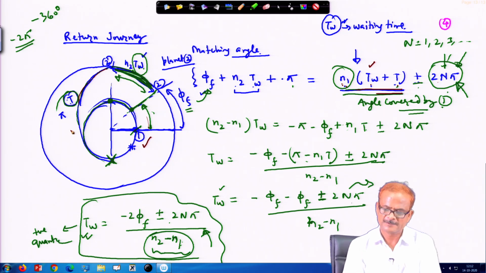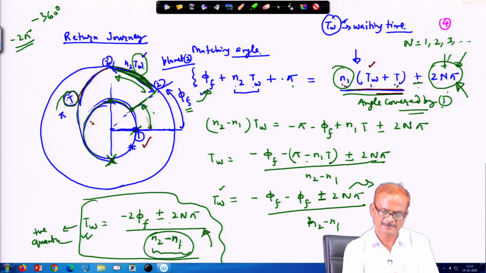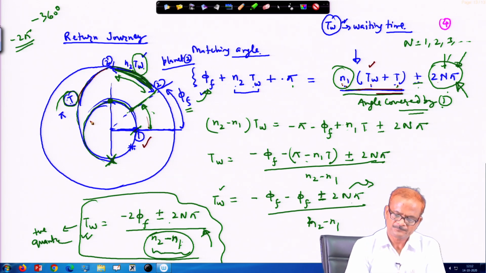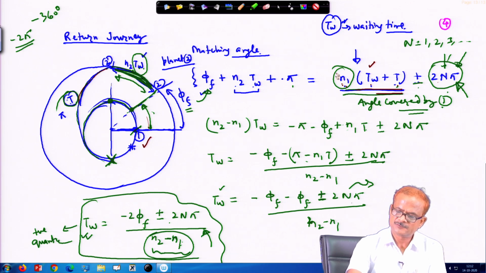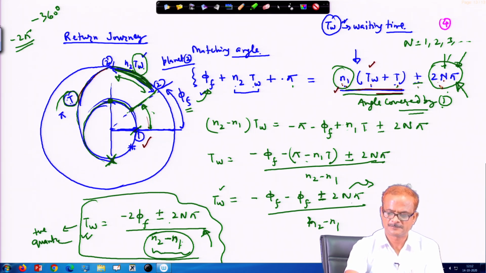The faster it is, the more number of times it can go. So, if it is going many times, immediately you can see that you have to subtract. If n1 is slower as compared to n2, then you have to add plus 2n pi. So, here subtraction is required.